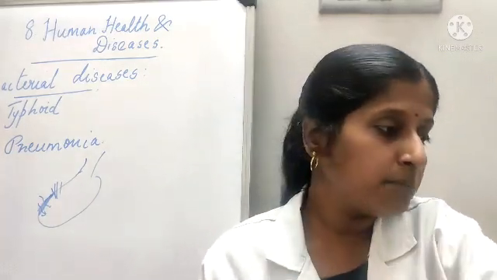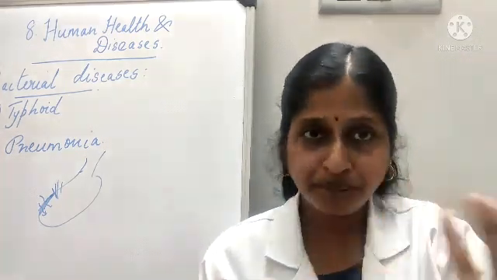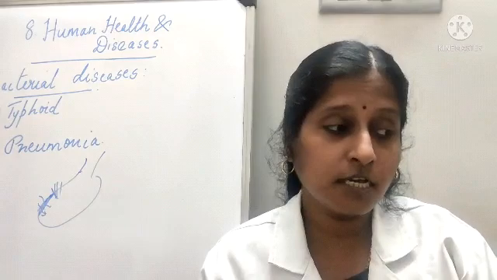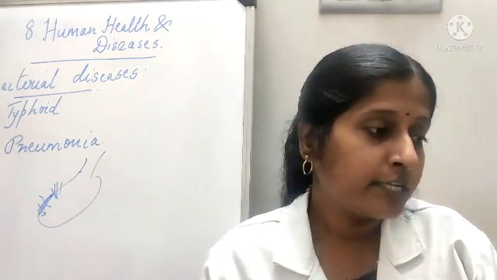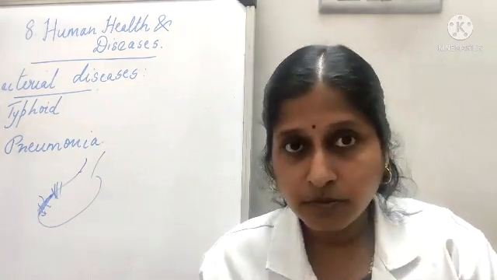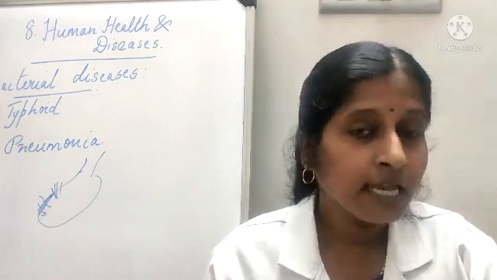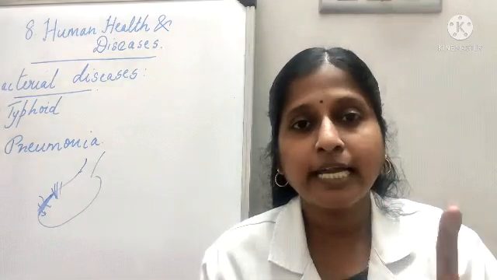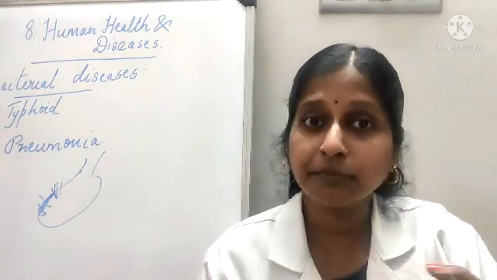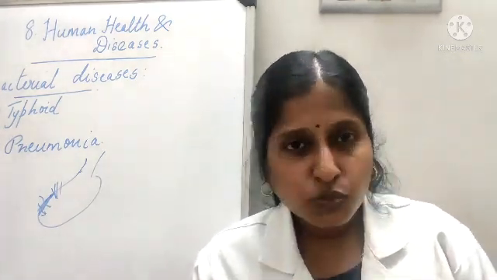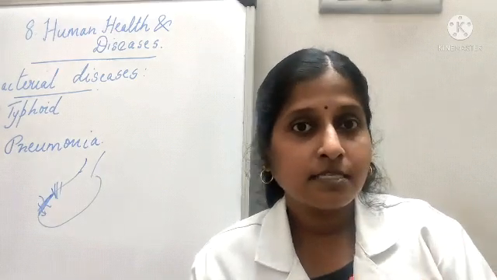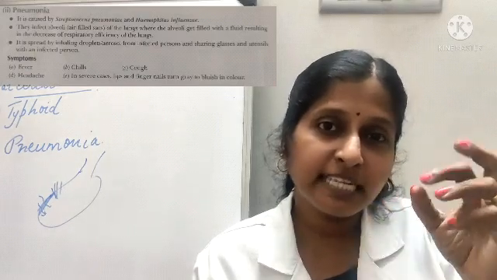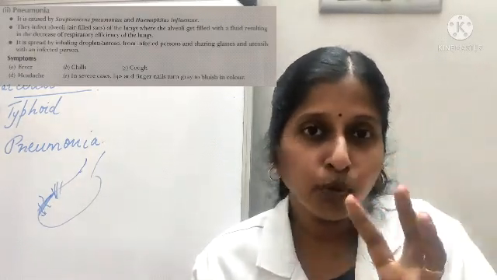Okay, now I will read out the symptoms. Fever, chills. You can find that high chills are there. Then cough is another symptom. Headache, obviously, is there. And one thing you have to notice: if it is not diagnosed in the beginning stage and is left, thinking it is only a normal fever, then at last it can lead to the lips as well as the nails turning somewhat grayish blue in color.